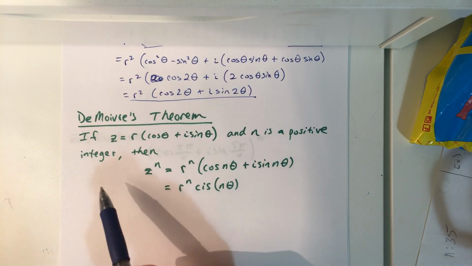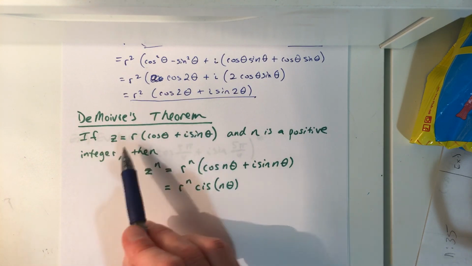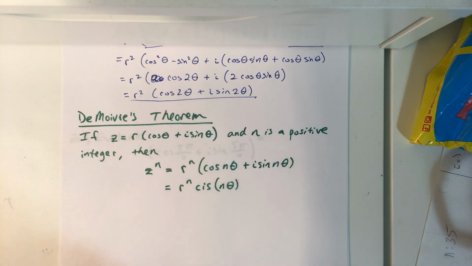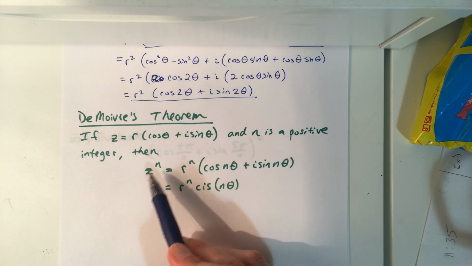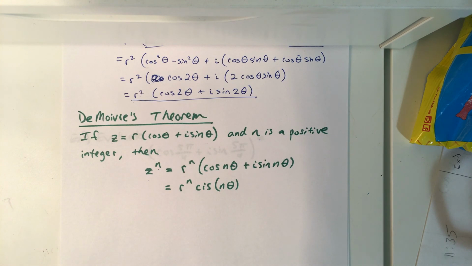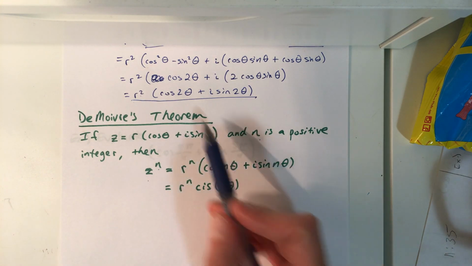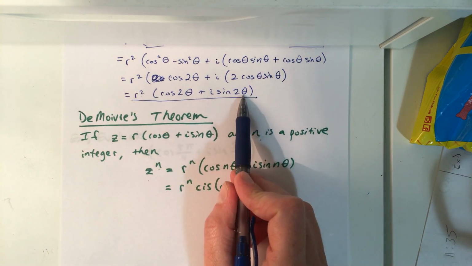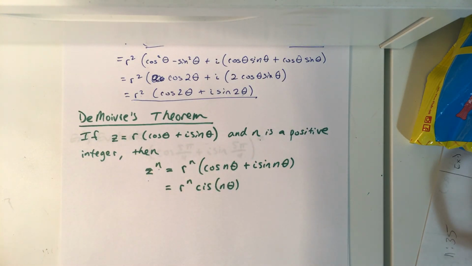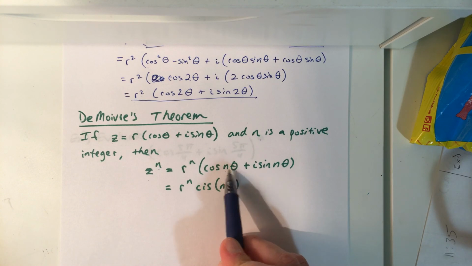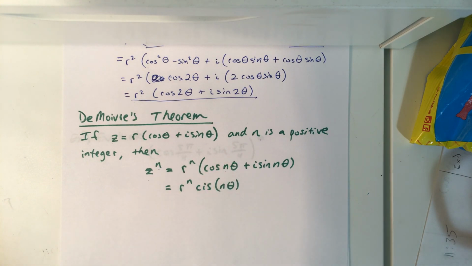De Moivre's theorem says if we have a complex number written in trig form, and n is a positive integer, then taking that complex number and raising it to any power, the same thing happens that we found in this example. We take the radius and raise it to the nth power, and we multiply the angle by that power. Here's the simplified version.